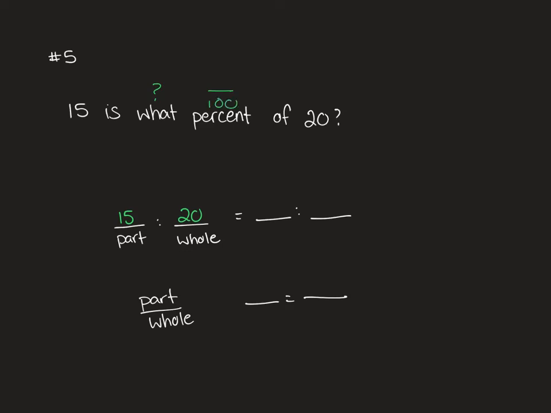So our second ratio would be question mark to 100. So now we're going to be turning those into fractions. So as a fraction, it would become 15 out of 20 equals question mark out of 100.